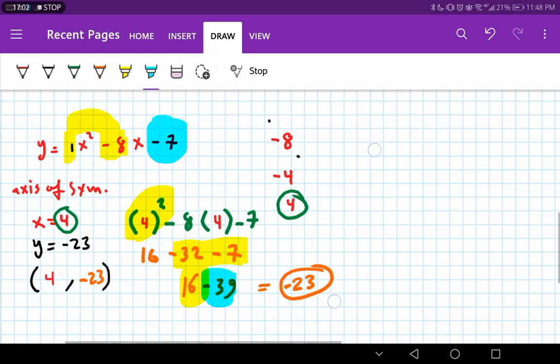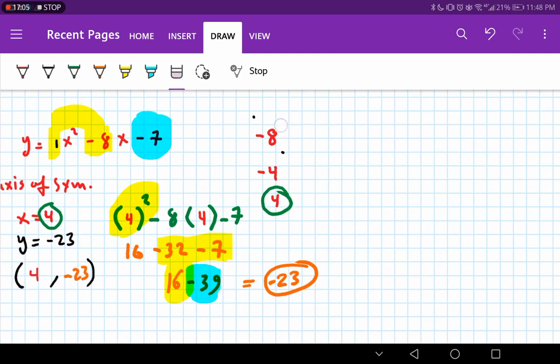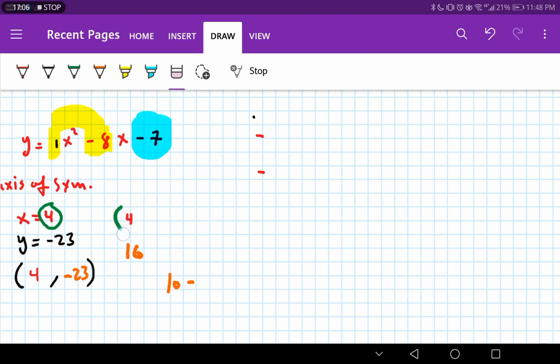Okay, I draw the graph. I don't need this mess, we are done with it. I need only the vertex and the axis of symmetry.